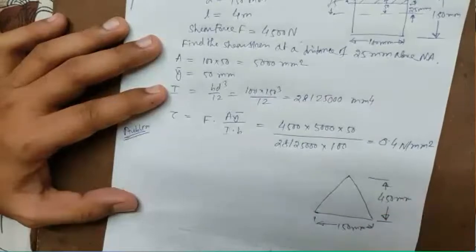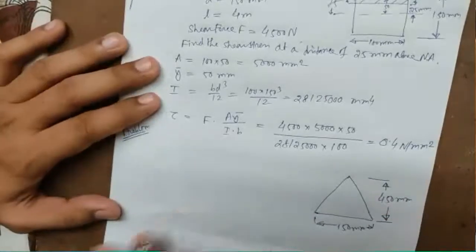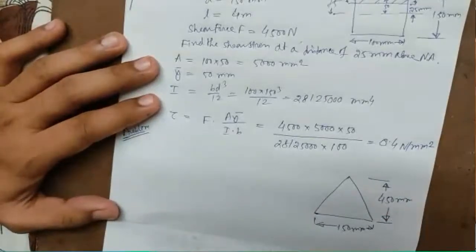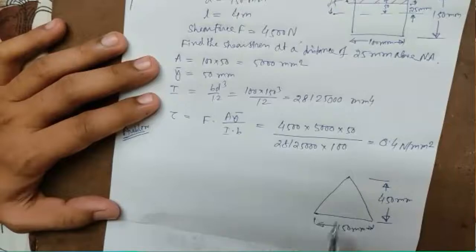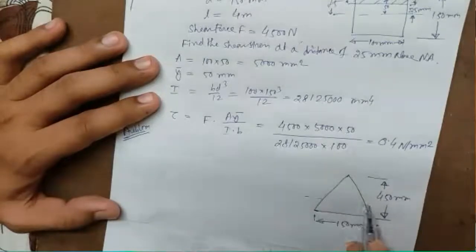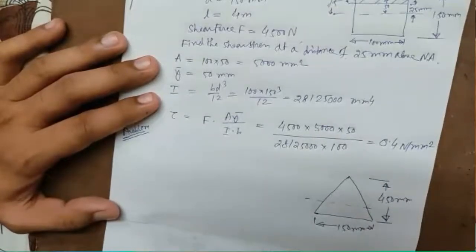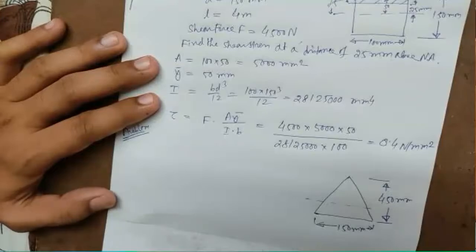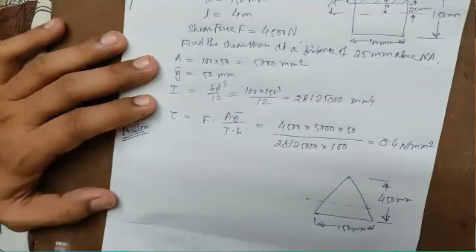Now determine the horizontal shear stress at the neutral axis. The neutral axis will be at the CG. Find the horizontal shear stress at the neutral axis. Let us write them out.